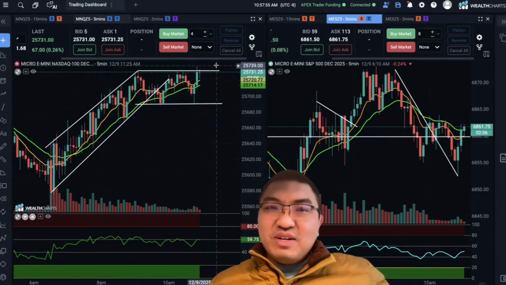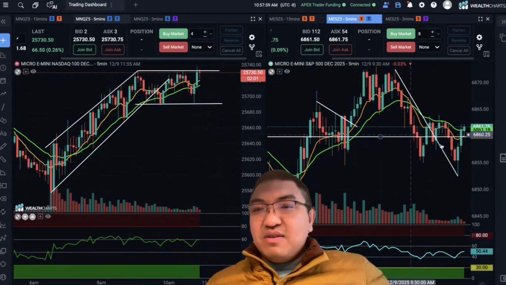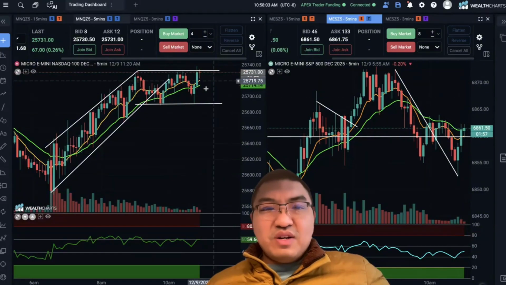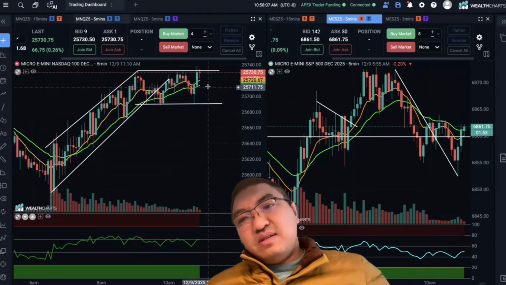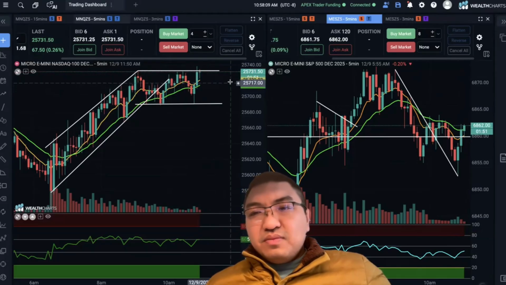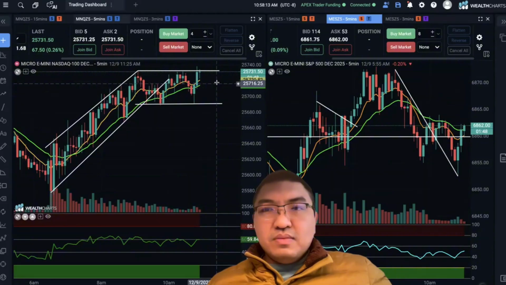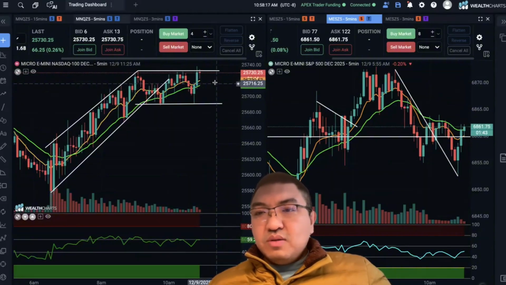So if you go long here, probably you get checked by fake breakout, even if ES breaks out. You say, okay, follow ES, NQ to follow. No, not necessarily. Let's see.